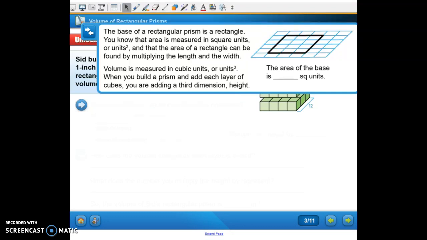Volume is in cubic units or units cubed. When you build a prism and add each layer of the cube, you are adding a third dimension of height. So the square area of the base is how many square units are in that little rectangle they have drawn there.